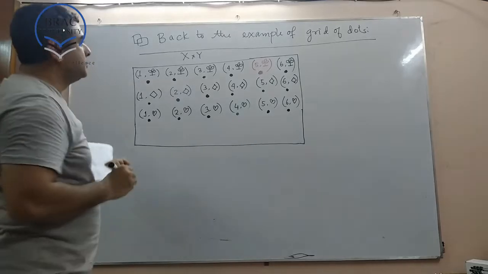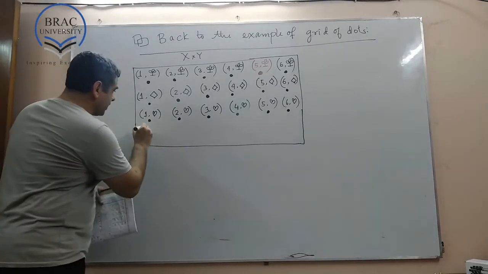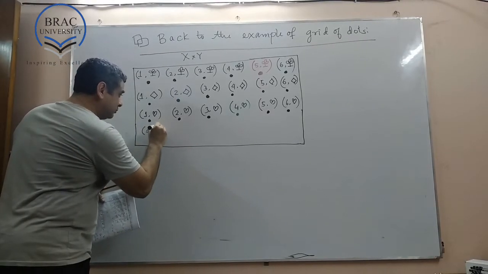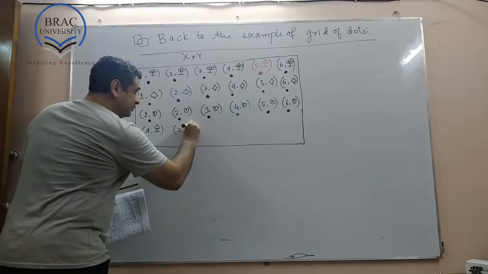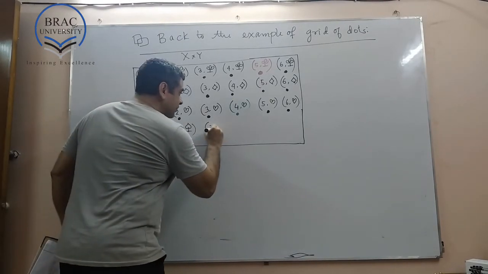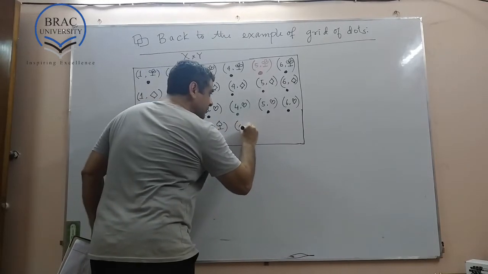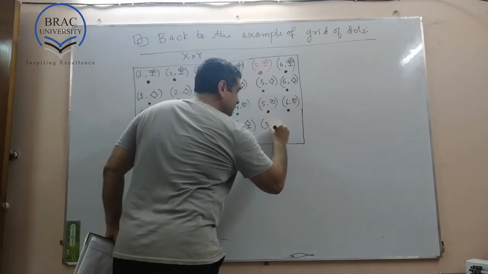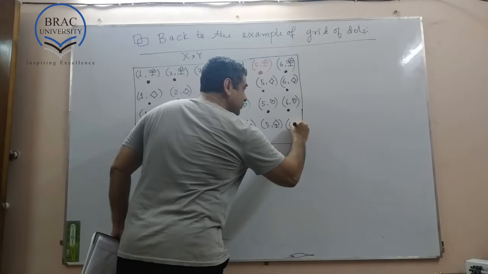The final row is everything black on the final row. 1 comma space, 2 comma space. We have 3 comma space, 4 comma space, 5 comma space, and I have 6 comma space.